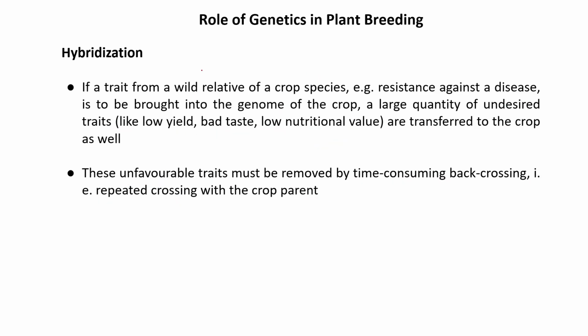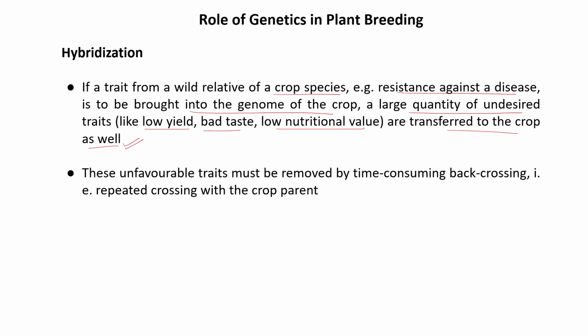If a trait from the wild relative of a crop species, like resistance against disease, is to be brought into the genome of a crop, a large quantity of undesired traits like low yield, bad taste, and low nutritional value are transferred to the crop as well. So the result cannot always be beneficial.